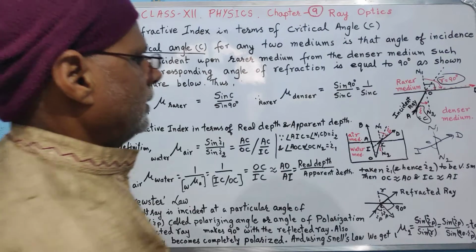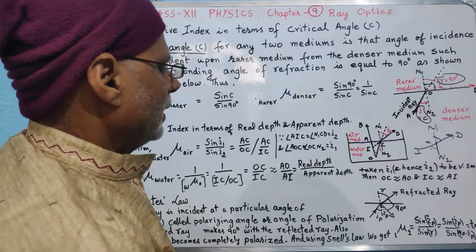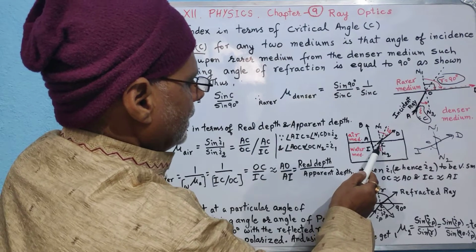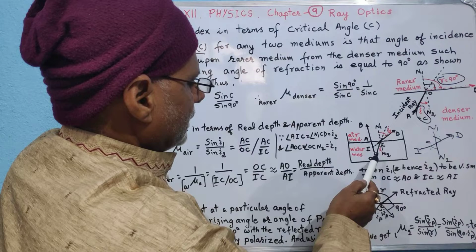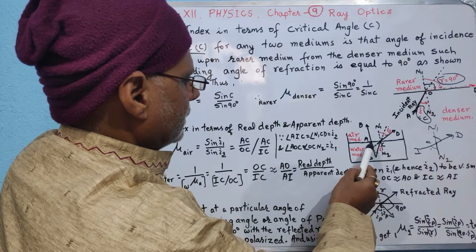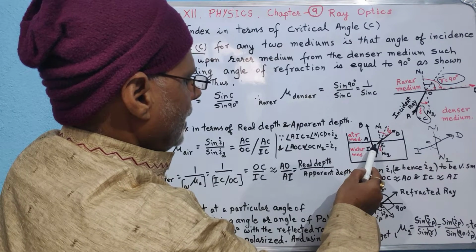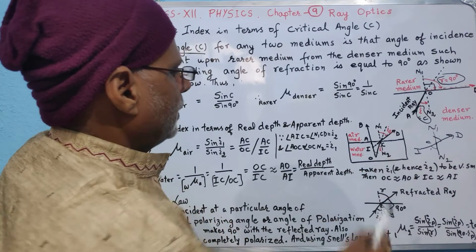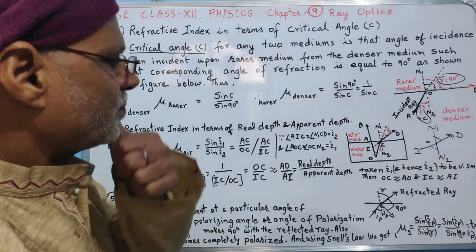These are equal. If this is i2, this is also i2. And once we have learned that this angle ICN2 is i2, then certainly for this right angle triangle ACI, we have angle AIC equal to i2.